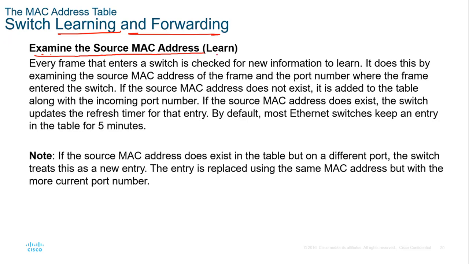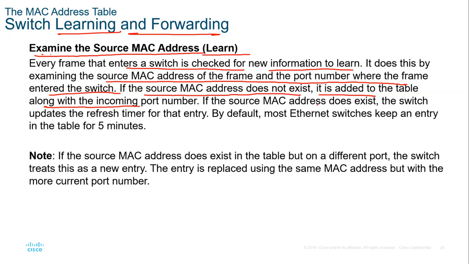Examining the source MAC address is the process called learning. Every frame that enters a switch is checked for new information to learn. It does this by examining the source MAC address of the frame and the port number where the frame entered the switch. If the source MAC address does not exist, it is added to the table along with the incoming port number.